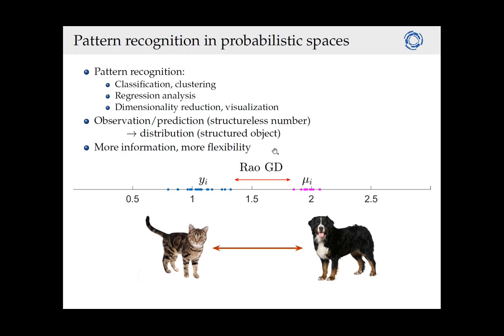So we're going to measure distances between the probability distributions by the Rao geodesic distance, and I draw here the analogy with measuring distances between objects, for instance animals, just to make intuitively clear that if we compare, for instance, a cat with a dog, we're not going to look at each of the individual microscopic characteristics.